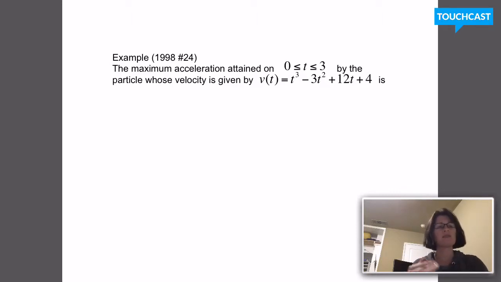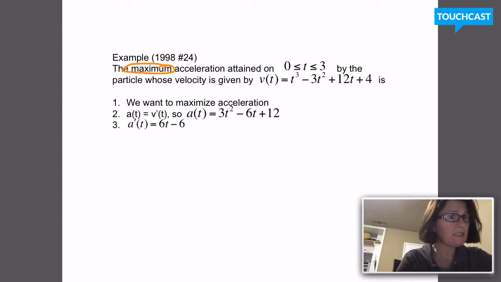So I've sort of numbered these steps in order of the 7 steps that I've given you. Our very first job here, number 1, is to recognize that this is an optimization problem. They weren't very subtle about it. They've in fact even used the word maximum. So that should be pretty obvious. We're looking for the maximum acceleration. So step 1 is to decide that I'm trying to maximize acceleration.